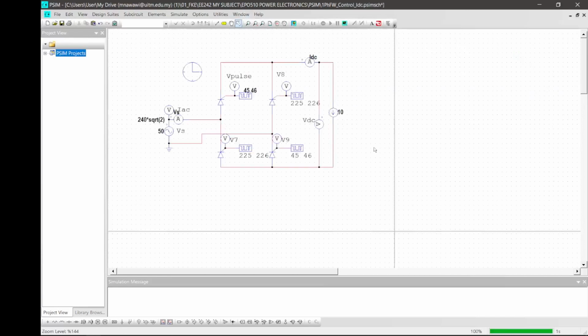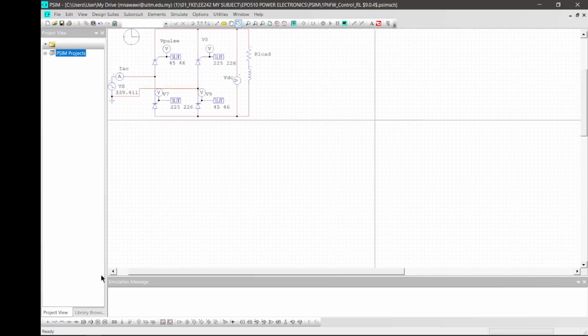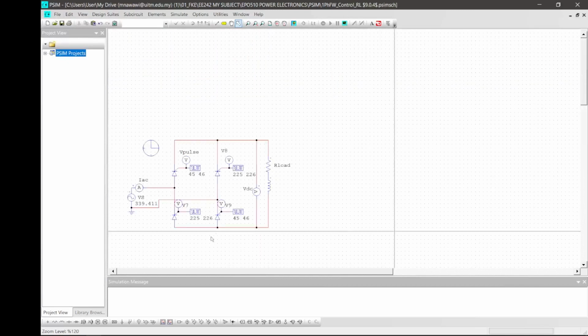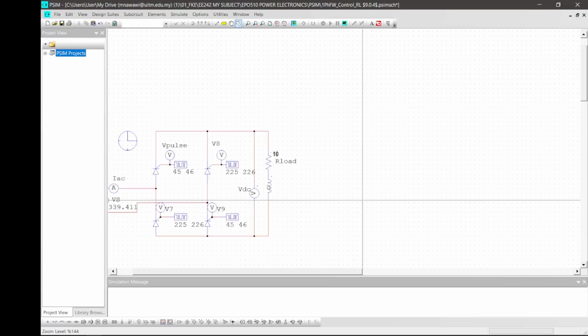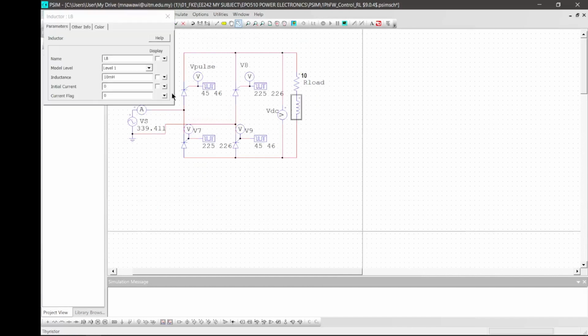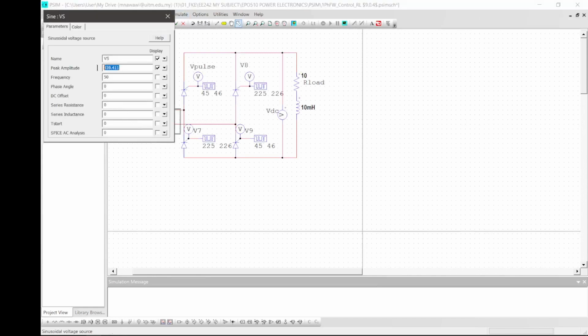Okay, in that case, single phase full wave. And this is 10 millihenry, and this is 240 volt multiplied by square root 2.